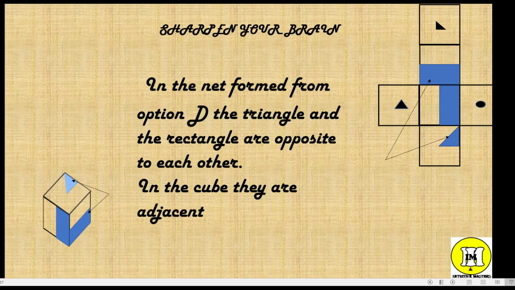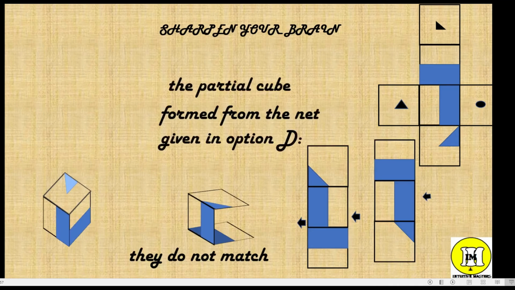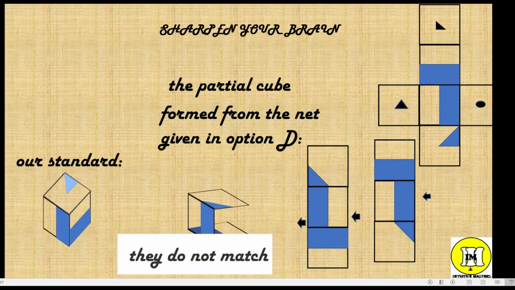In the cube they are adjacent. The partial cube formed from the net given in option D. They do not match.